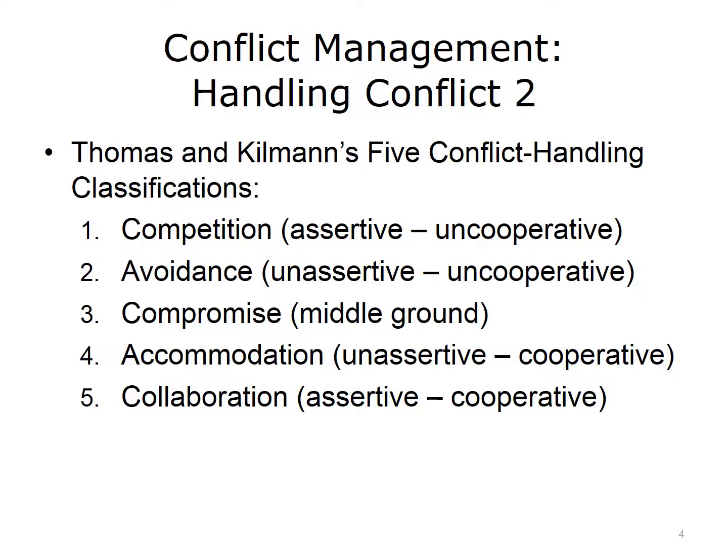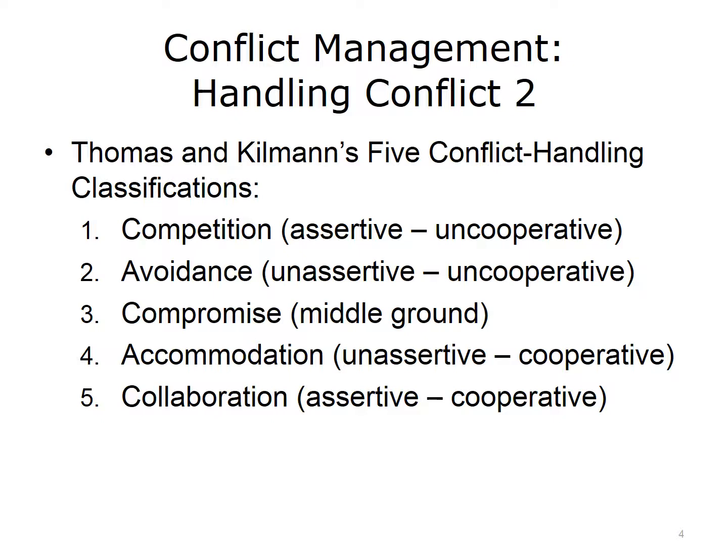Thomas and Kilmann's 5 conflict handling classifications are as follows. Competition, or a competing style for handling conflicts, is assertive and uncooperative. Avoidance is unassertive and uncooperative. Compromise represents the middle ground. Accommodation is unassertive and cooperative.